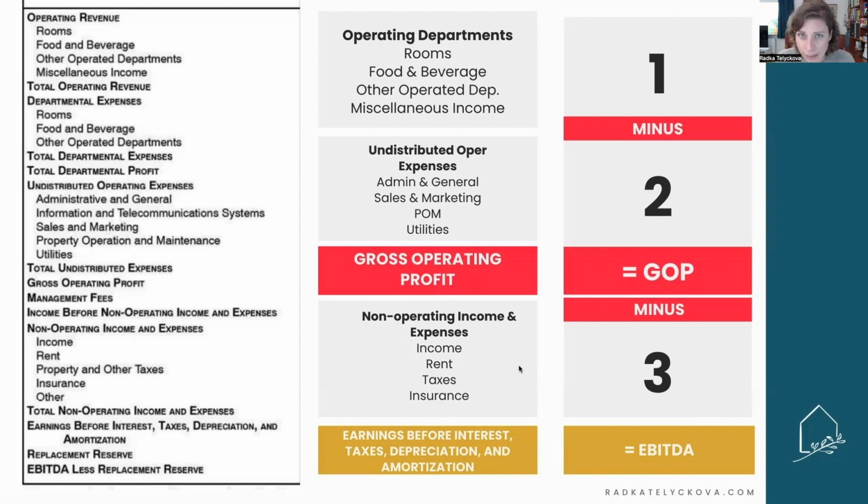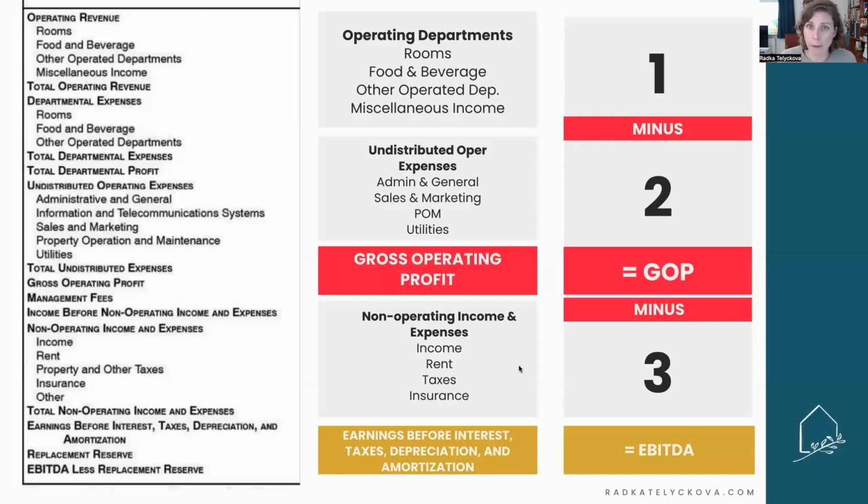It has nothing to do with operating a hotel. It is your income, which is financial and has nothing to do with operating. Then there is rent, because usually you have to pay rent no matter if the hotel is working or not. Then you have your taxes, and then you have your insurance related to the non-operating side, let's say insurance of the building, for example.